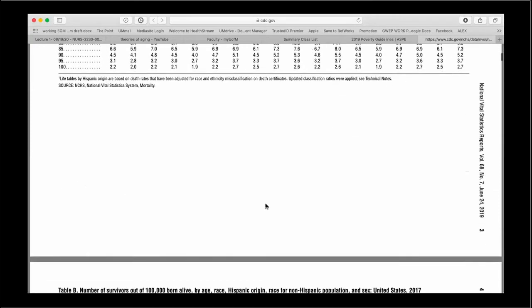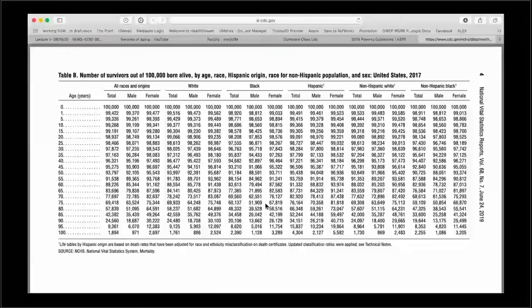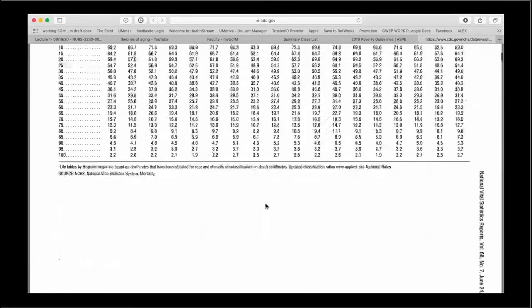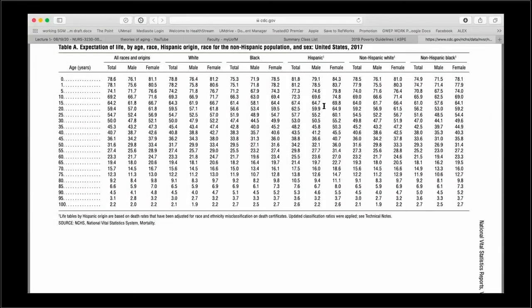I thought that this graph is interesting, so take some time later to look at it more closely. Let me get back to the PowerPoint.